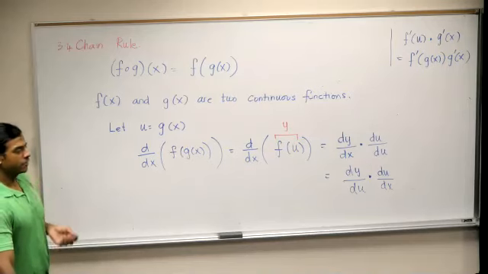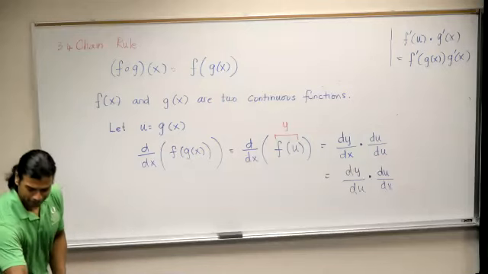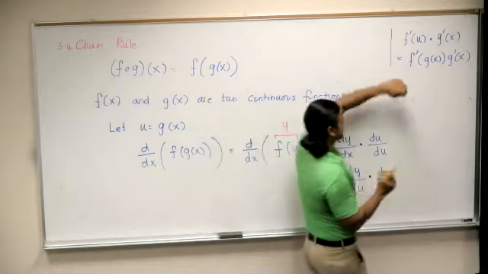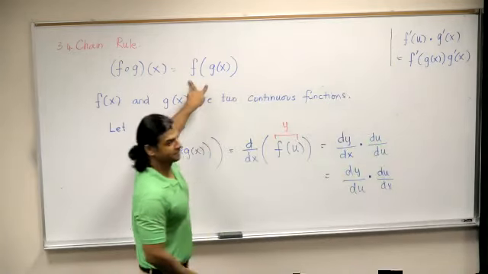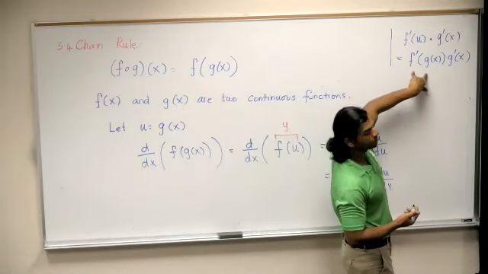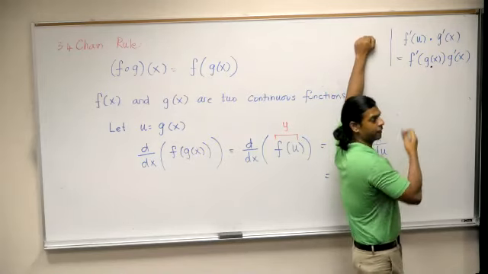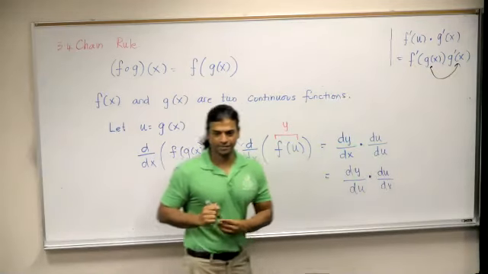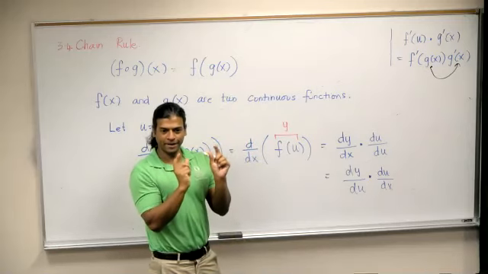Now you may ask me, well, where did the chain rule part come into play here? Why did they name it chain? When I took the derivative, I took the derivative of f, which gave me f prime of g of x. Then I took whatever function was composed, and I multiplied it by its derivative, right? One link of a chain.